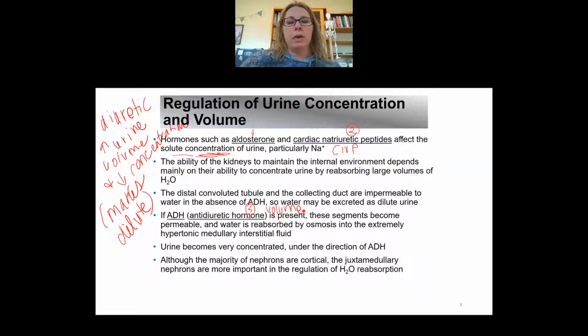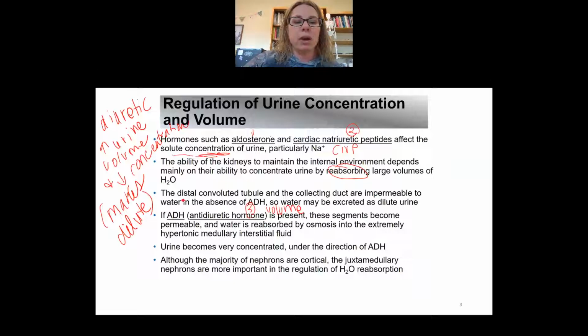Now, the kidneys maintain the internal environment, and to do that they have to reabsorb lots of water. Remember, 180 filtered, 178 has to be reabsorbed, to maintain correct water balance or fluid balance in the body.